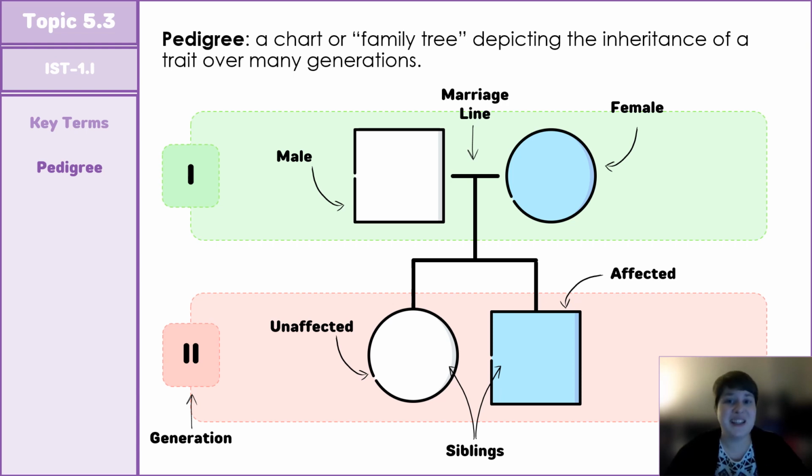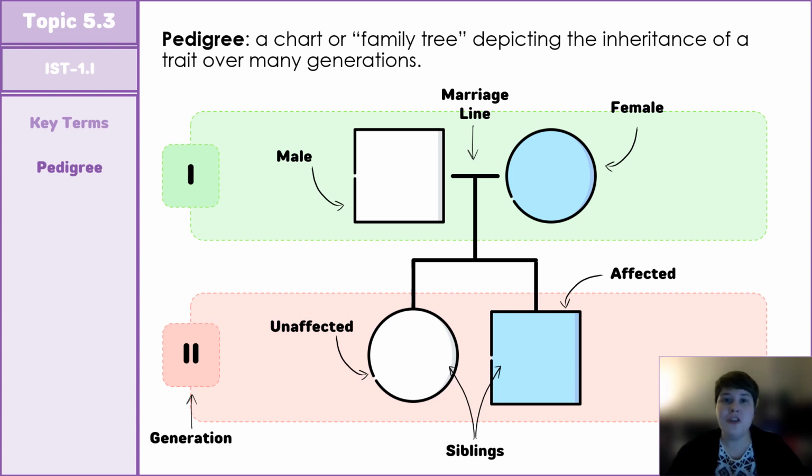One of the things that I didn't include in this figure that you should see on the AP exam are numbers to identify the birth order of individuals within that generation. This also helps us tell individuals apart when we start to get into more complex pedigree charts.